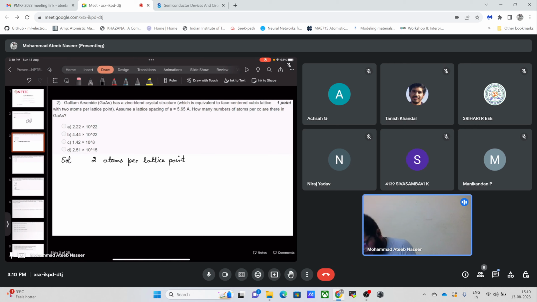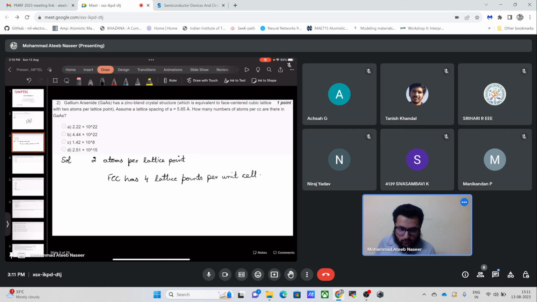So this FCC has 4 lattice points per unit cell. Now we have 2 atoms at 1 lattice point, and FCC has 4 lattice points.